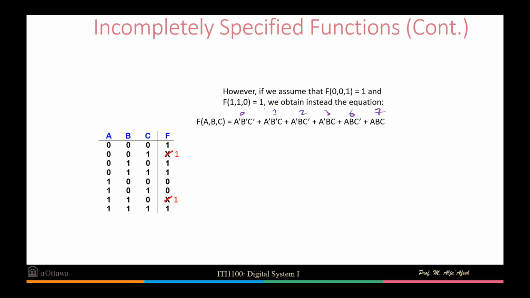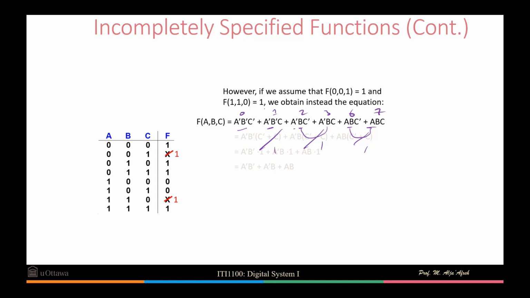What's the common factor? A prime, B prime is a common factor here, as well as A prime, B as a common factor for these two, and AB is the common factor for these. After rewriting them, that will give me 1, 1, and 1. So the function can be rewritten as A prime B prime plus A prime B plus AB.